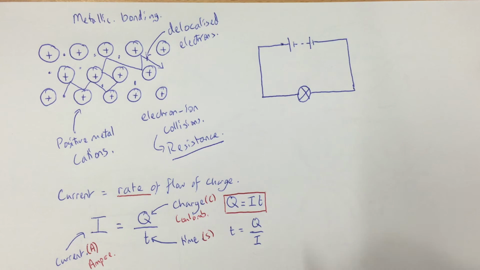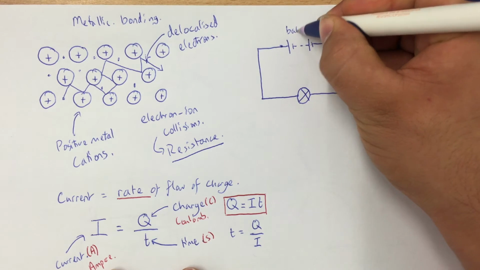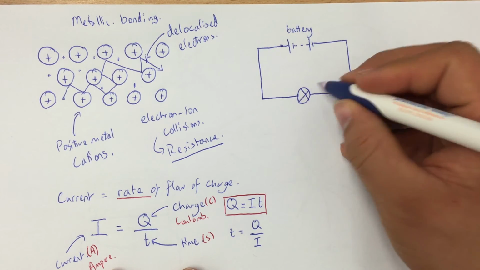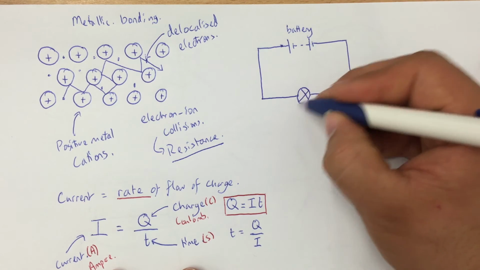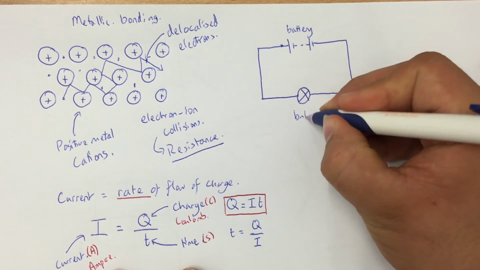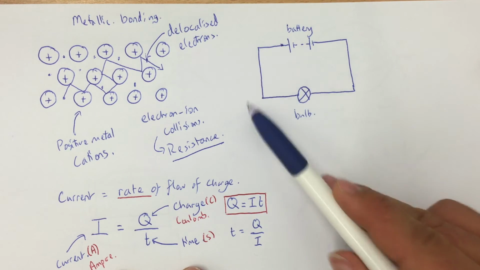Now, if we relate this to an electric circuit, we've got a battery here, and we have just an arbitrary output. In this case, we've got a bulb. We think about the way that current flows around here.